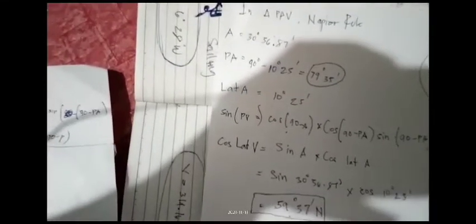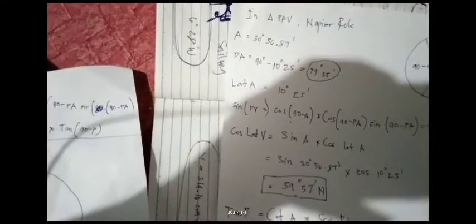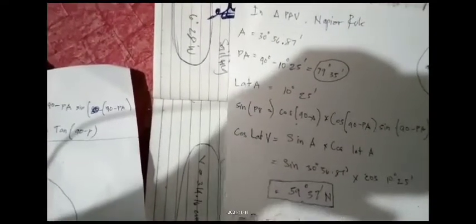So our PA is 79 degrees 35 minutes. Then we will put it in a calculator: tangent 30 degrees 56.87 minutes multiplied by cosine, then we will get an answer of 83 degrees 48.74 minutes west.